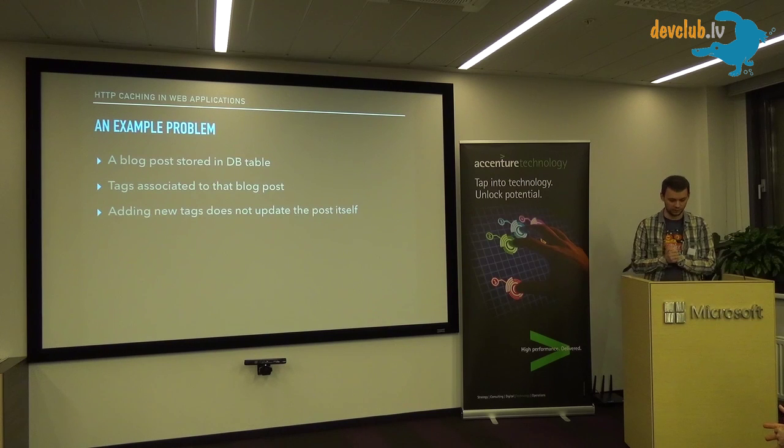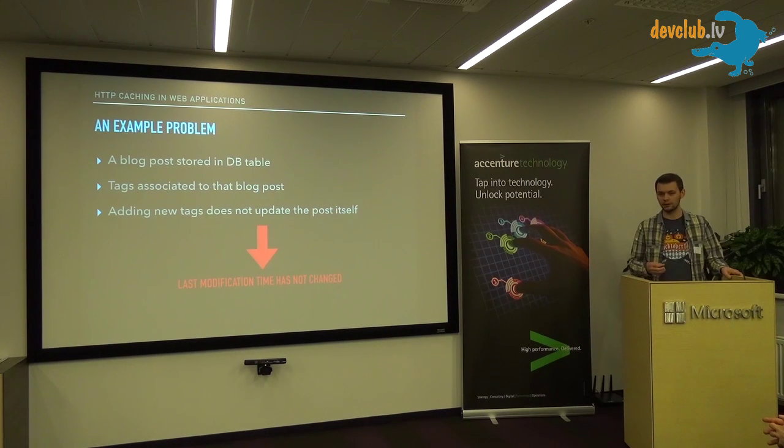Hope you're still with me on this. So the problem with this is quite obvious. If the last modification time of the blog post has not changed, it appears that it hasn't changed, but actually it has, because you modified some related resources like tags.